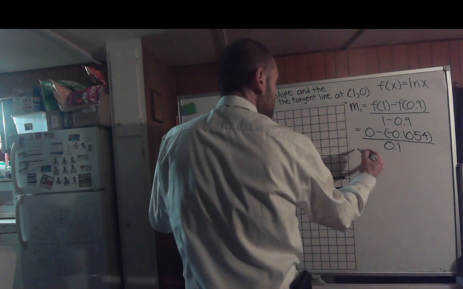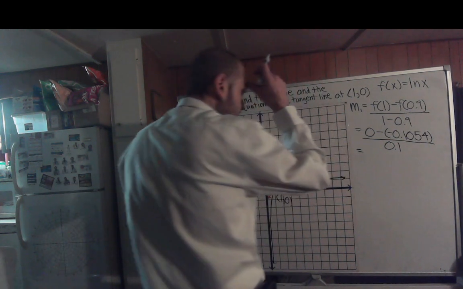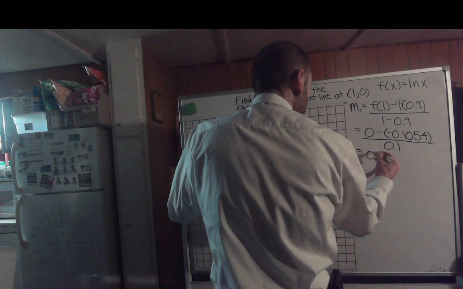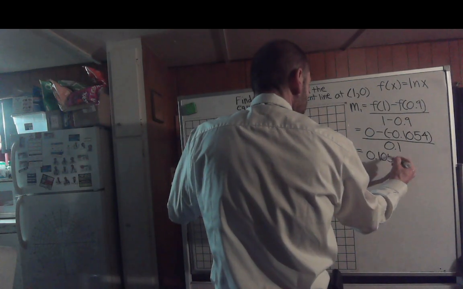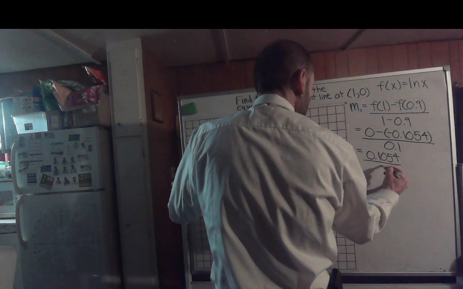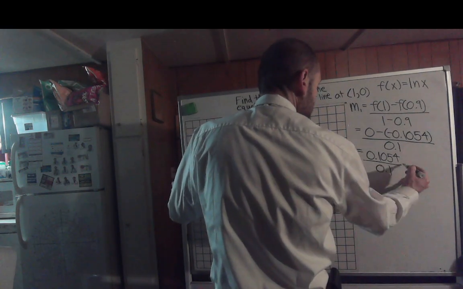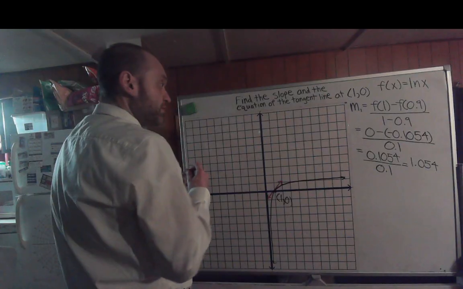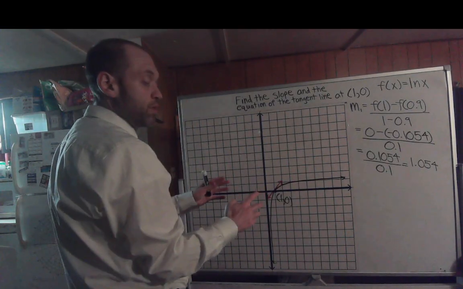All that divided by 1 minus 0.9, which is 0.1. So this simplifies into 0.1054 divided by 0.1, which is 1.054. So that's the slope of the first secant line from 0.9 to 1 for our x values.